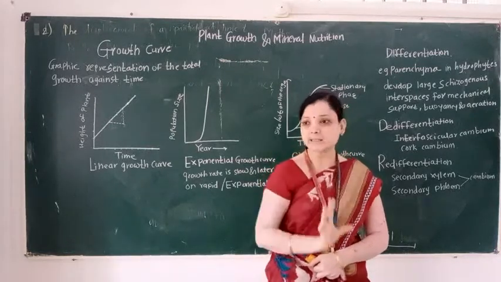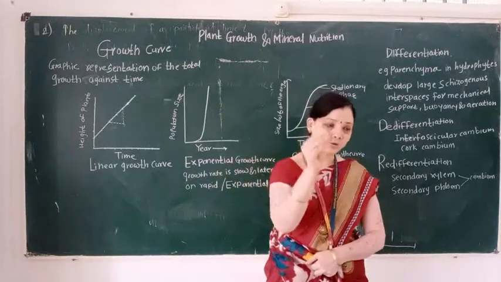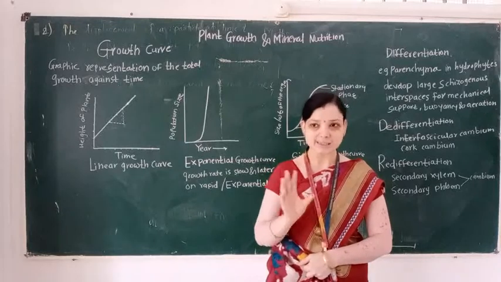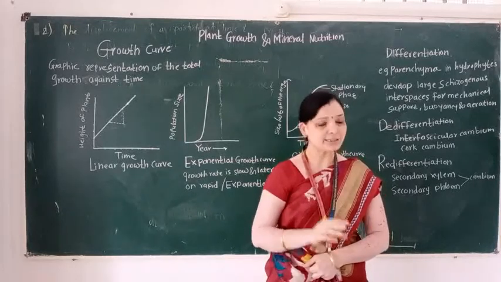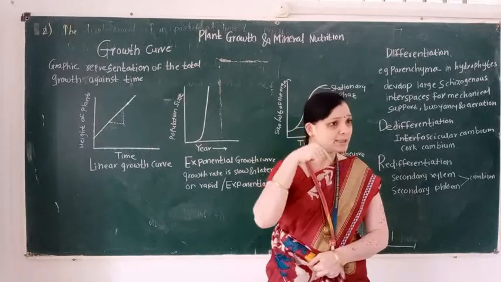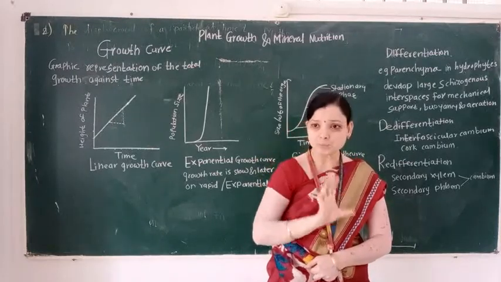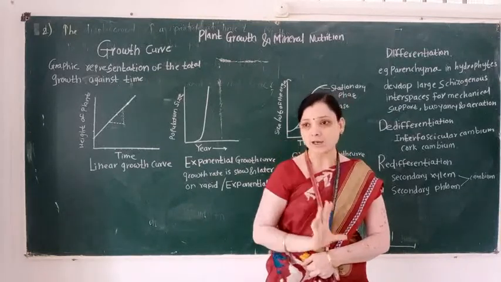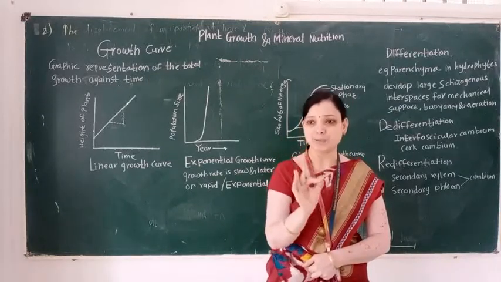And what is cell division? Formation of new cells from a pre-existing cell. This ability is performed by which type of tissue? These important tissues are known as meristematic tissue.